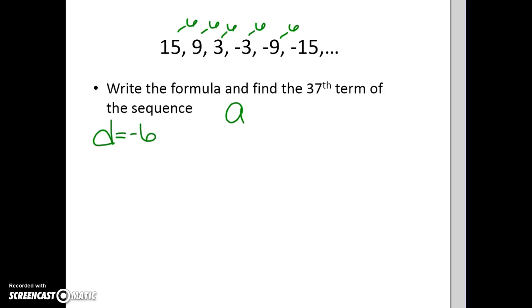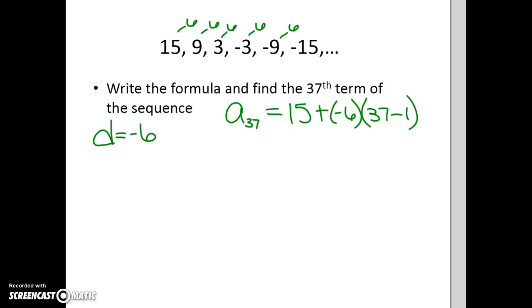I know that I want the 37th term, so a sub 37 is what I'm looking for, and that needs to equal the first term, which is 15, plus the common difference, which is negative 6, times n, the term number 37, minus 1.